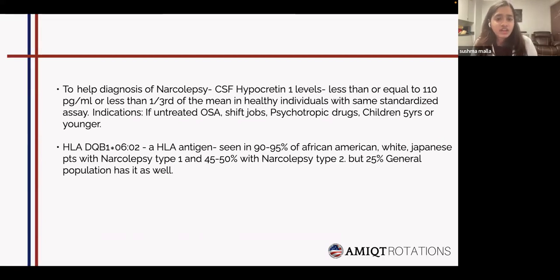To help diagnose narcolepsy, CSF hypocretin levels can be used, even though polysomnography and the symptoms of cataplexy and excessive daytime sleepiness are very much enough. But in some cases, for example if the patient has untreated OSA, they are going to have an abnormal sleep test. So we also prefer doing CSF hypocretin 1 levels with shift jobs and psychotropic drugs.